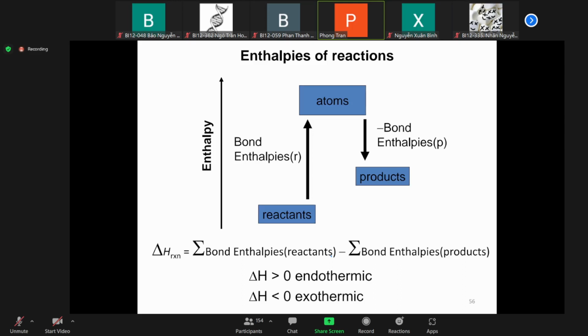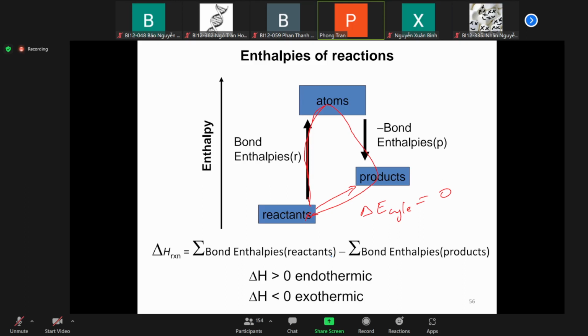I remind you again, that's when you consider the potential energy. You start from the reactants, you go 1 cycle from the reactants to the single atoms to the products and go back to the reactants. The delta E of the cycle will equal 0. Because you start from 1 point, you go 1 cycle, you come back to exactly the same position. So the delta E of the cycle will be equal to 0.